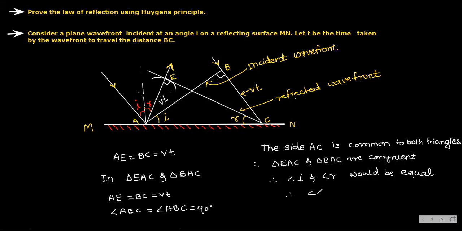And therefore angle I is equal to angle R. This is the law of reflection.